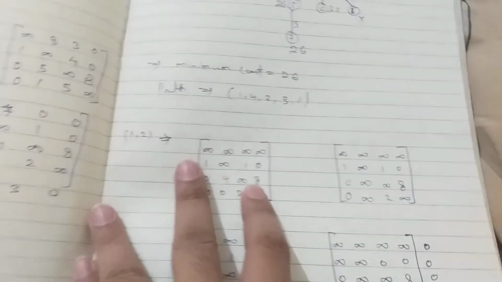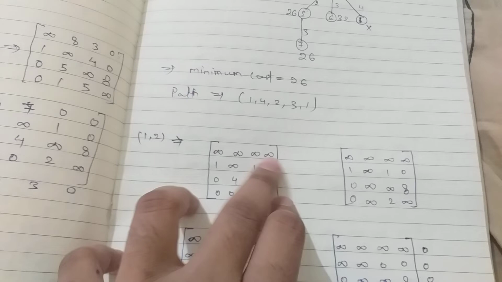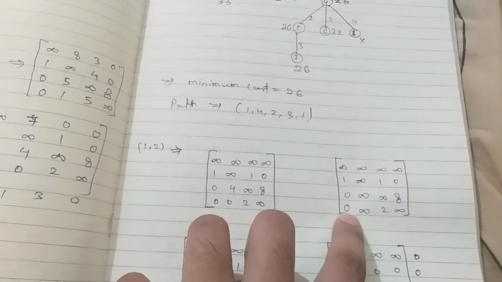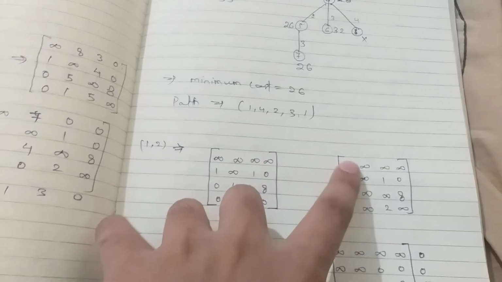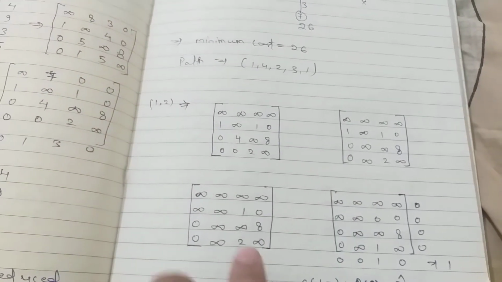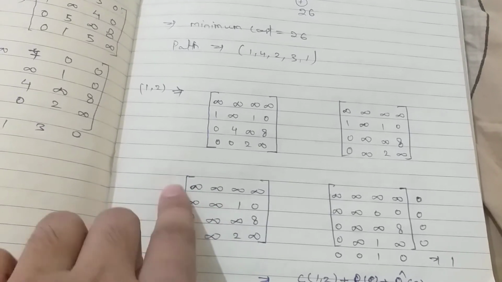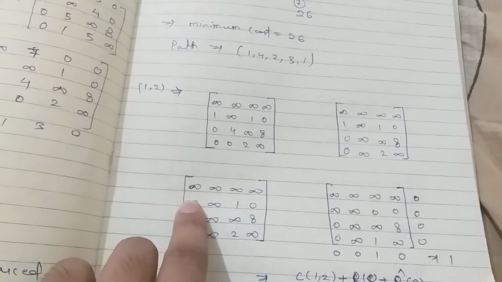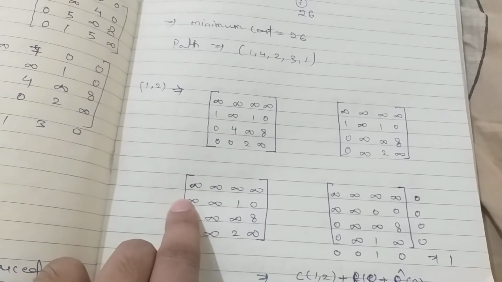In this matrix we have to put the first row as infinite, and the second column as infinite. After that we will put the entry (2,1), second row first column, also as infinite.